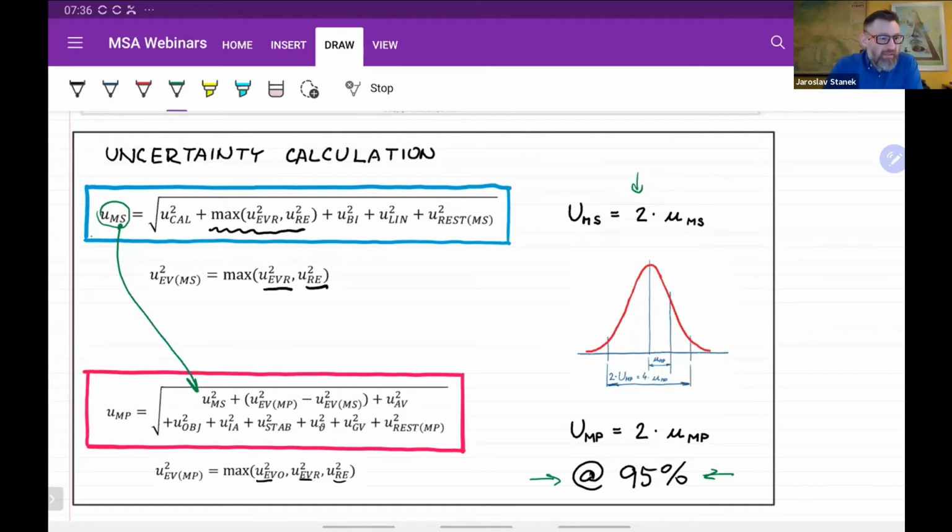All right, the reason for the two is obvious from the normal distribution. And this basically says that the region of uncertainty, which is around the value that we have measured, the width of this is 4 times the standard uncertainty.